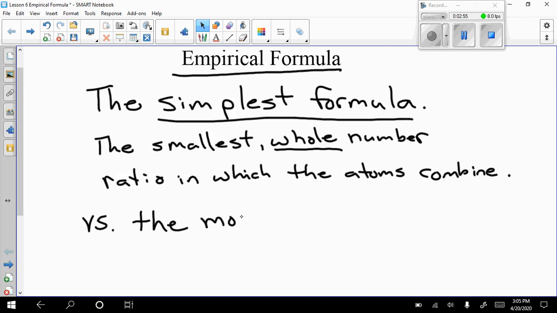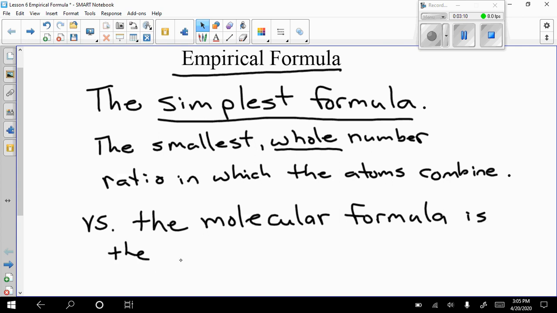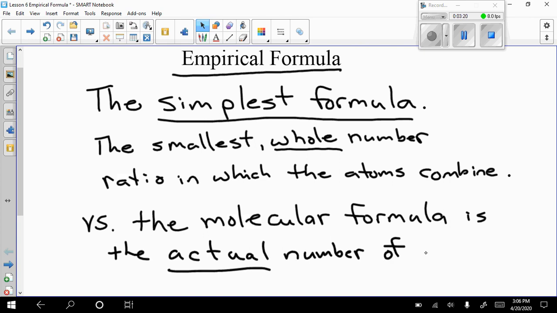And the molecular formula is the one that you're most familiar with. It is the one that we were dealing with in Unit 1. The molecular formula is the actual number of atoms in a compound.